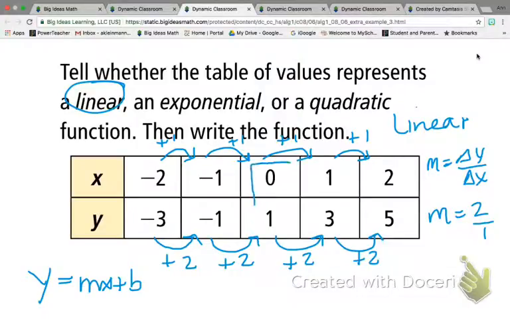If you see the y-intercept, when x is equal to 0, y is equal to 1, we have b. So we could write the linear function y is equal to 2x plus 1.